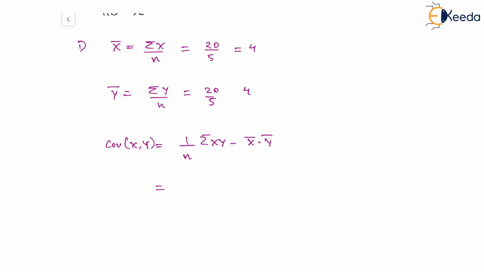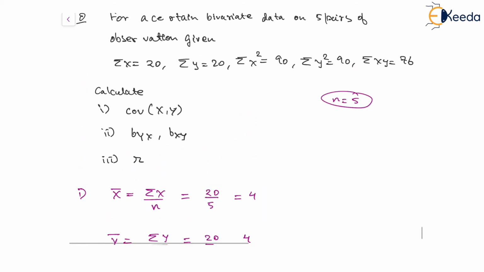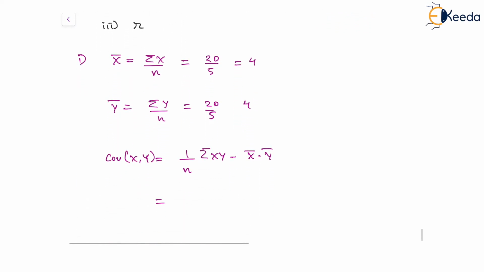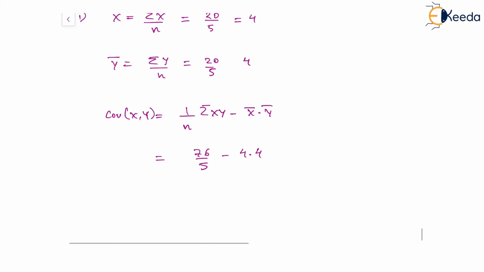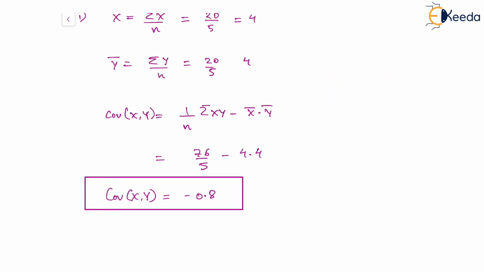Summation of xy is given as 76, so this is 76 over 5 minus 4 into 4, and this is equal to negative 0.8. So this is the covariance we were looking for, covariance of xy. This is our first part.